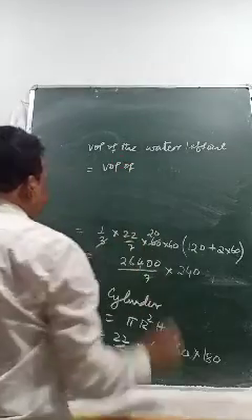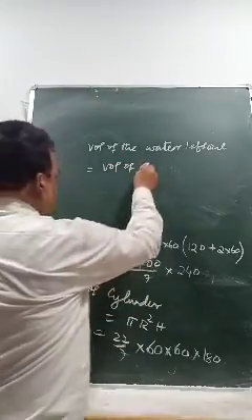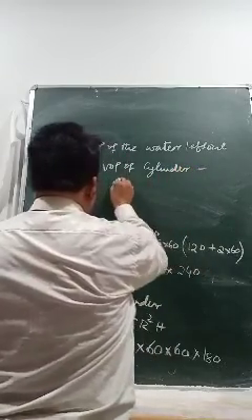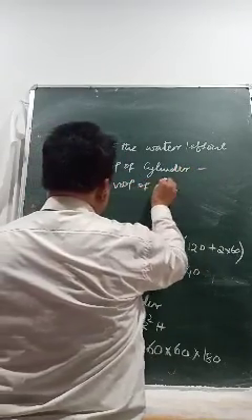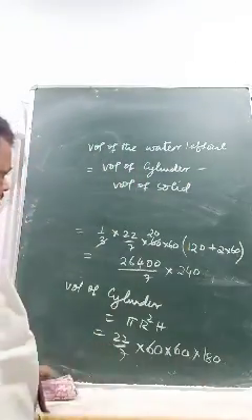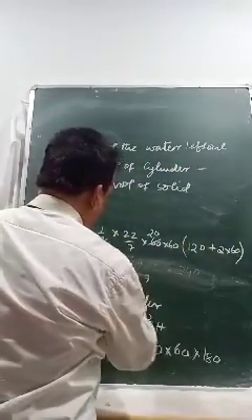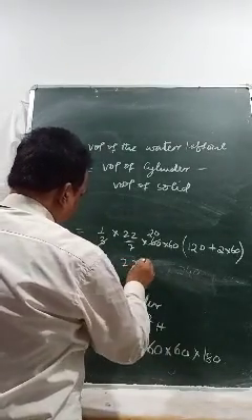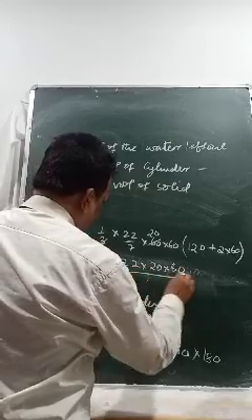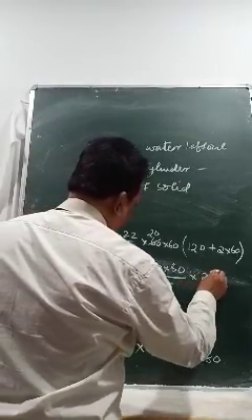Volume of water left out is volume of cylinder minus volume of solid. There is always a technique. Let's keep it like this: 22 into 20 into 60 by 7 into 240.